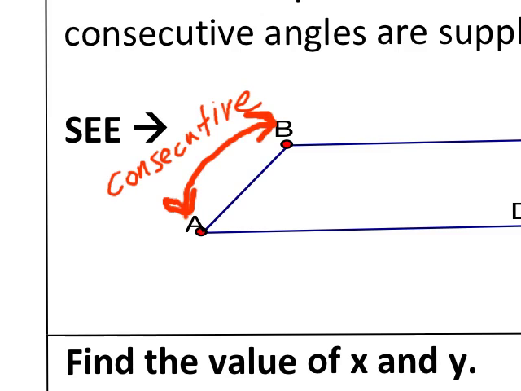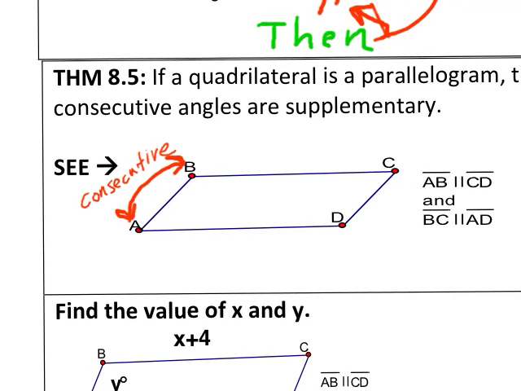Now, they're clearly not equal, right? But what they are is supplementary. Remember, supplementary means the angles add up to 180 degrees. So here's how I'm going to represent this.